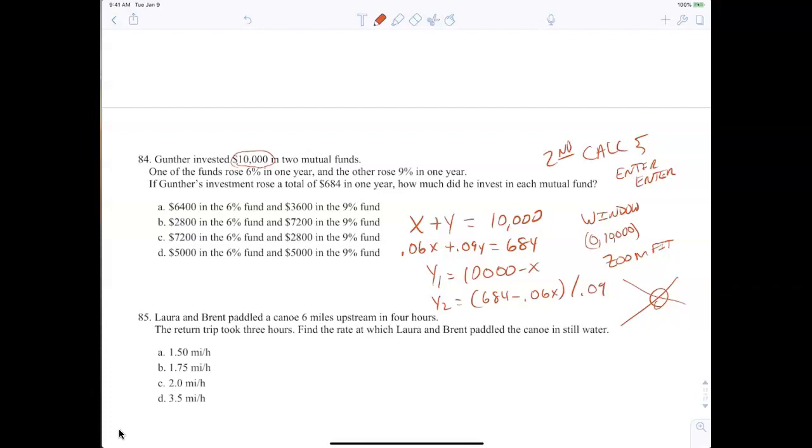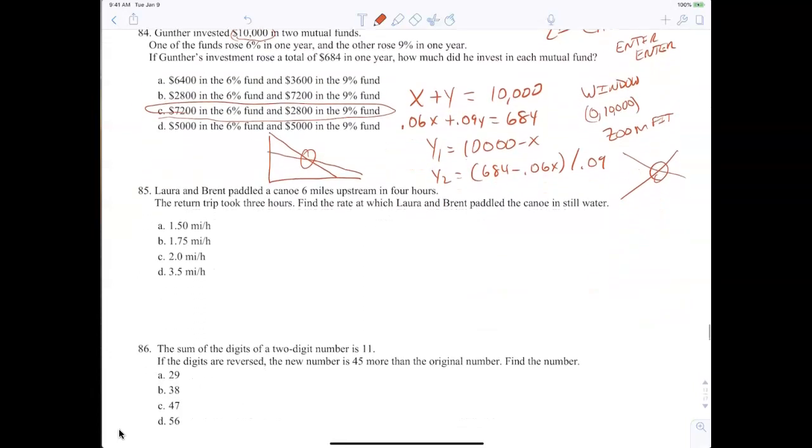Then I go to window, 0 to 10,000, and zoom fit, and you will notice that the graph looks like this, and the point of intersection is over here. So second calc 5, enter, enter, enter, and it came out with 7,200 is the 6%, and 2,800 is the 9%.